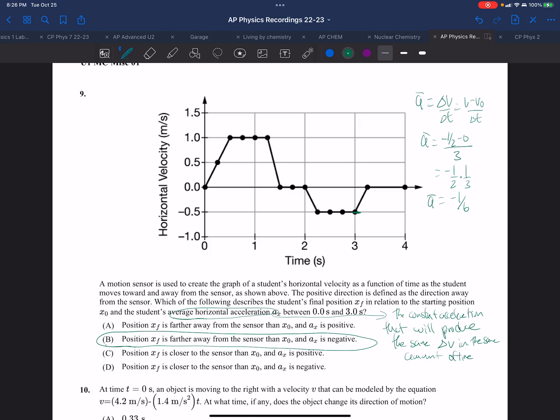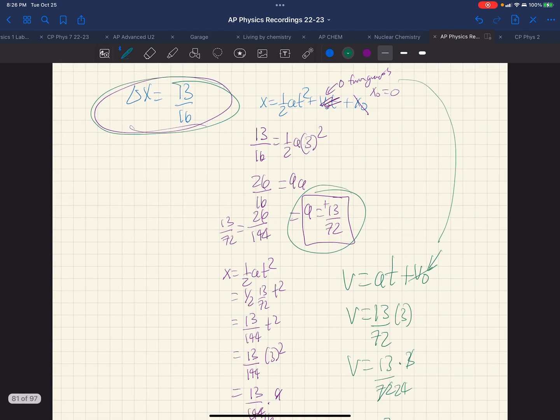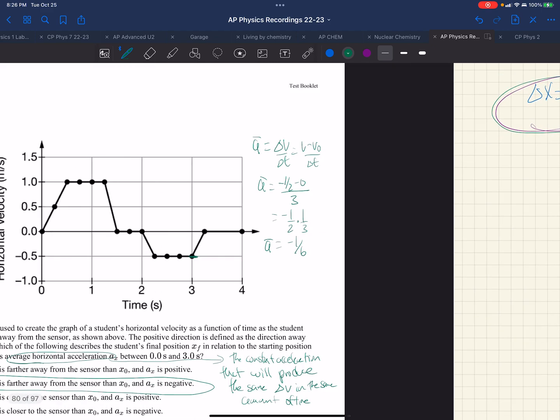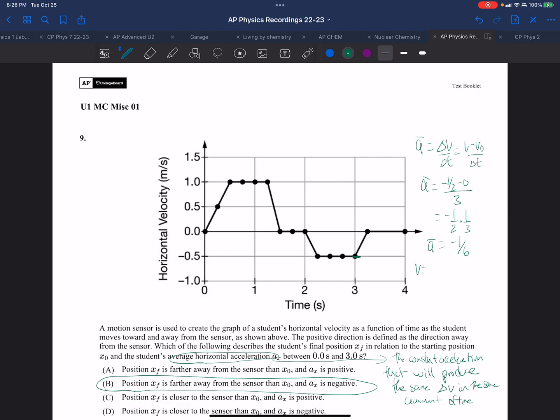Now that's opposed to what we came up with using the other technique, that the acceleration is positive 1/3 seconds. Now, if we use this V equals AT plus V0 to see if it actually produces the result, we have minus 1/6 times 3 seconds. Our initial velocity is 0.